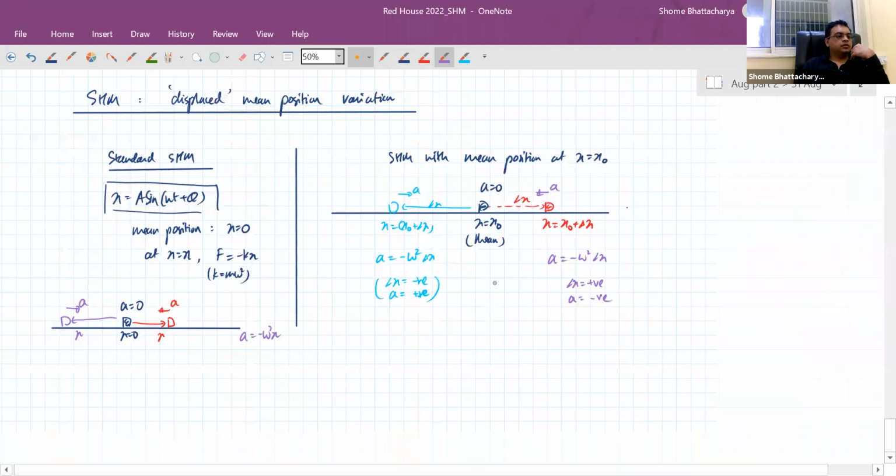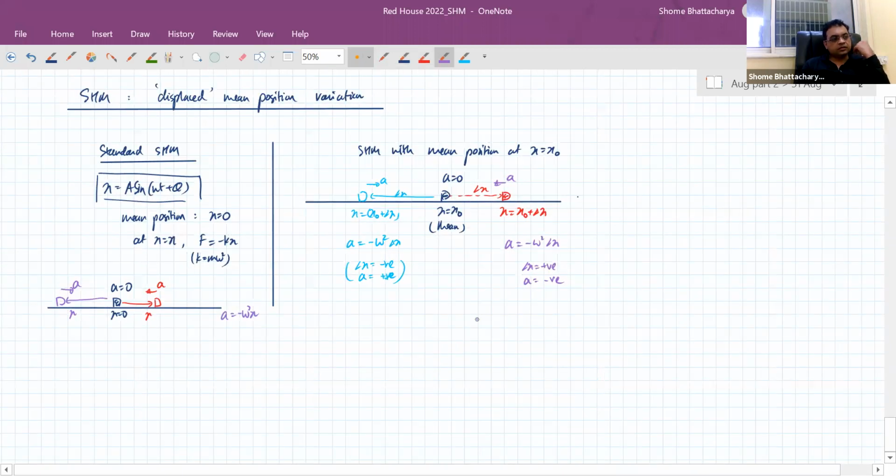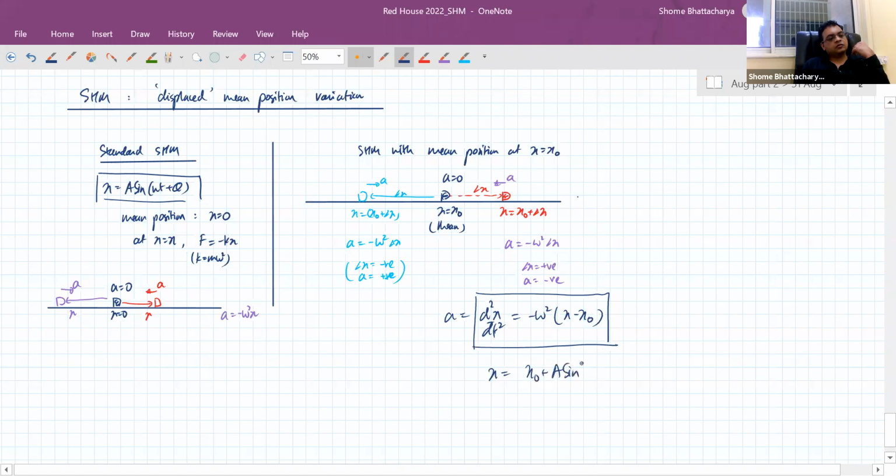Let's understand. Okay. So what is happening here is that if you look at the equation, E, which is d2x by dt square, is equal to minus omega squared delta x, and delta x is what it is, x minus x naught. This is the dynamical equation, and this will correspond to x becoming a sine omega t plus phi.